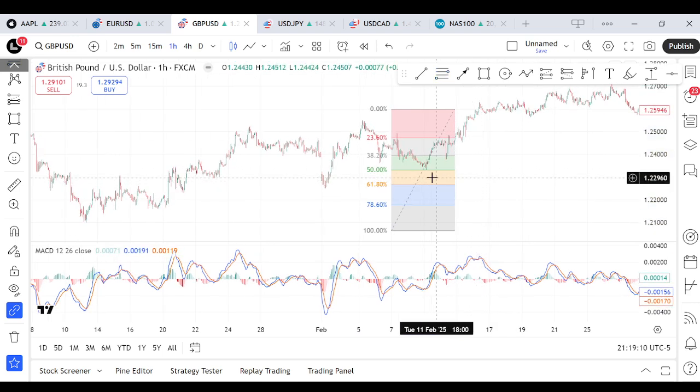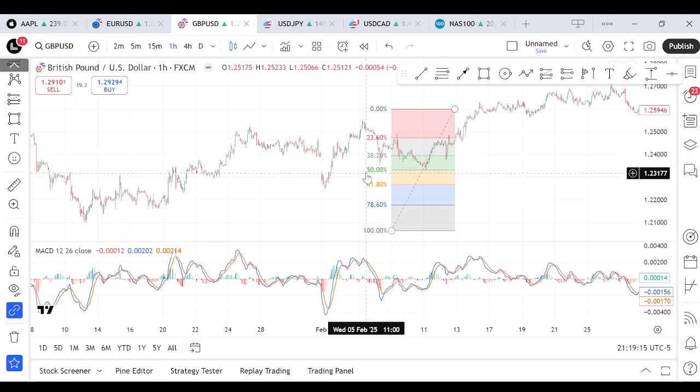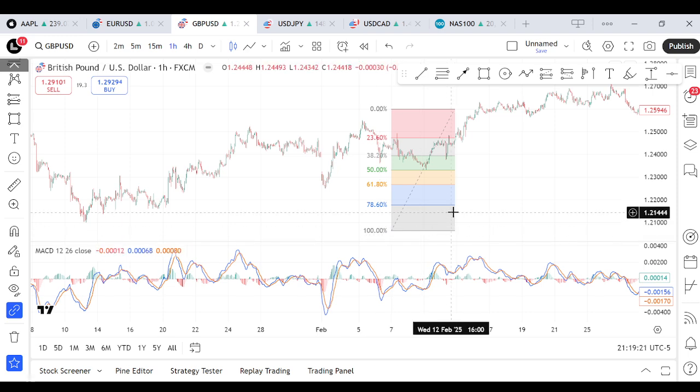These levels, the 23.6%, 38.2%, the 50%, the 61.8%, 78.6%, and 100%, are all derived from the Fibonacci sequence, and they act as potential support or resistance zones. And by plotting these levels between a swing high and swing low, you can anticipate where the market might react.